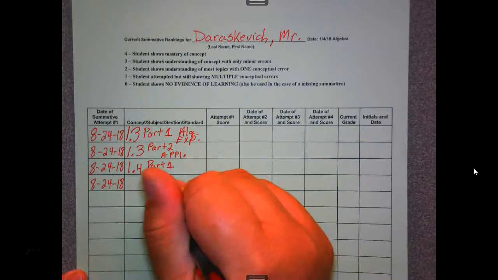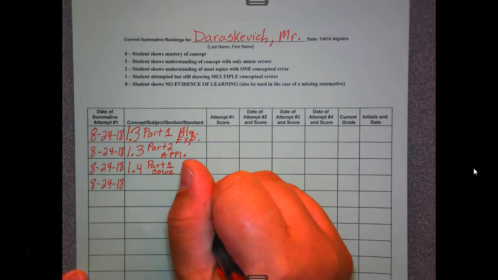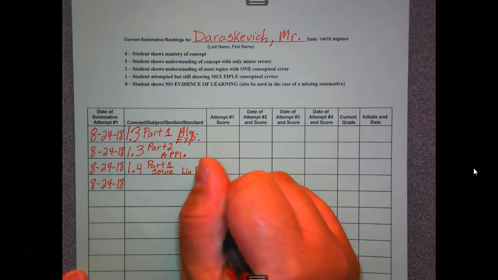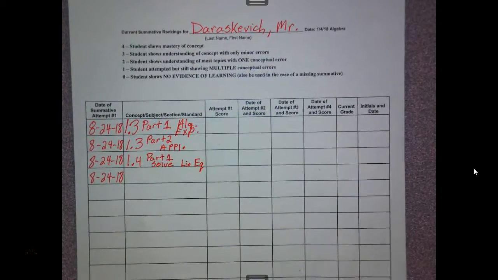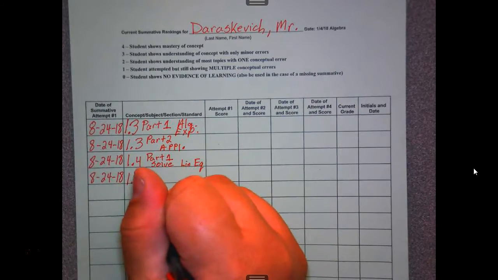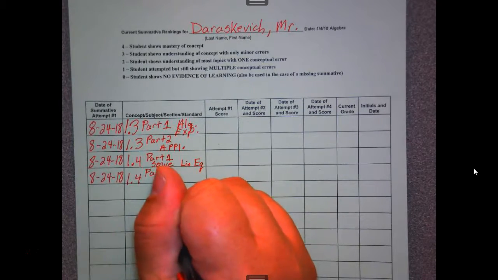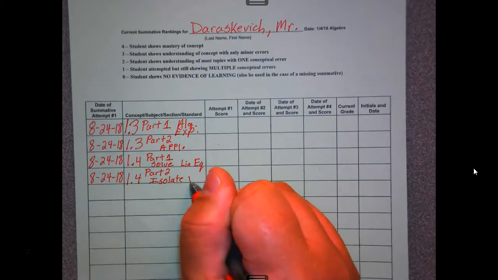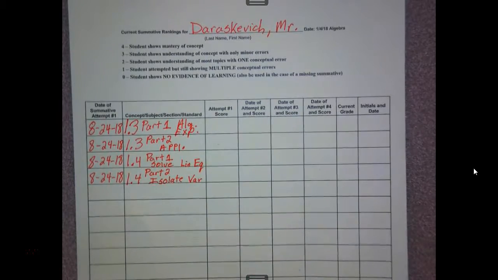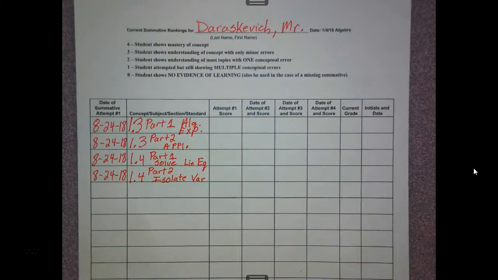So I'll put solve lin eq. And then we had 1.4 part 2, isolate variables. That happened to be a train wreck for this class.